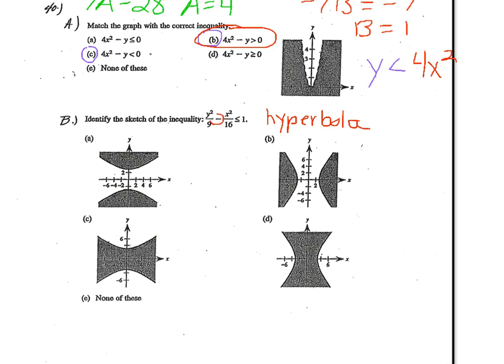And we know that we also have a vertical hyperbola since the y is first. So that would eliminate choices D and B. We know that the vertex is up 3 and down 3 on the y-axis because of the 9.